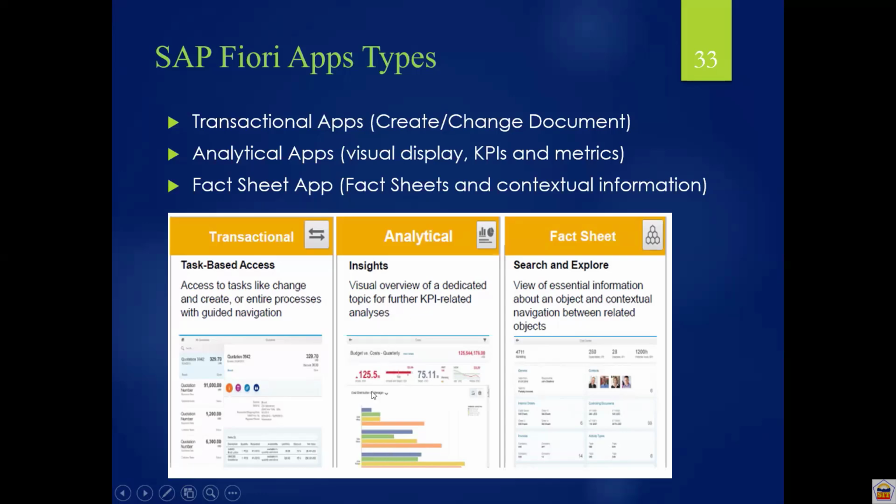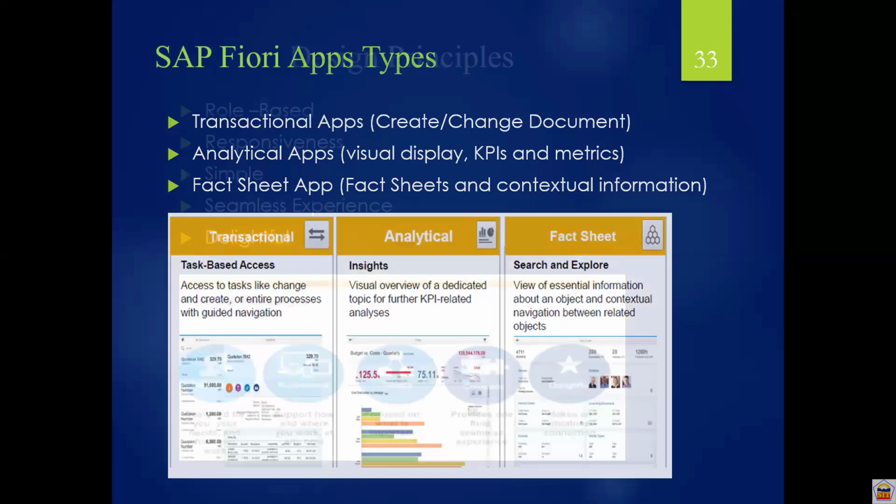This is a kind of KPI or matrices or the dashboards or the report which we can just see for the senior management. They can review, they can analyze the performance. Then this is a fact sheet. So for any particular employee or for a particular profit center or object, you want to see the information in detail. So that information will be able to get through the fact sheet application.